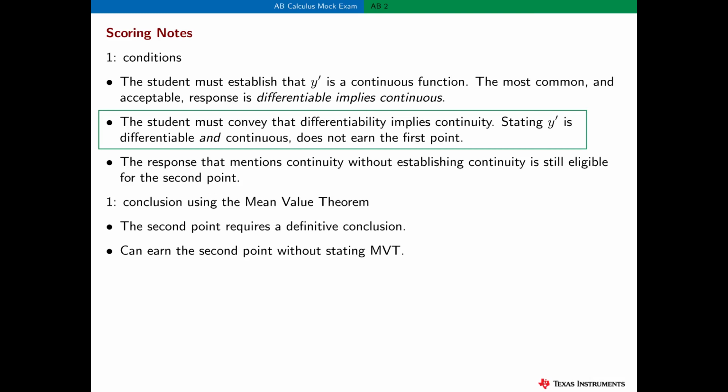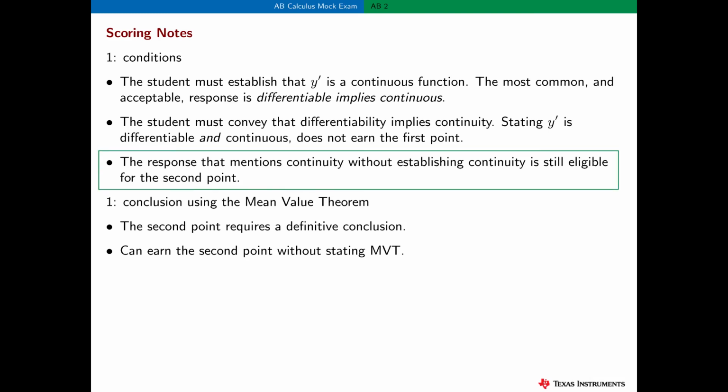The student must clearly indicate that differentiability implies continuity. It's just not enough to say that the function y prime is differentiable and continuous. If continuity is mentioned but not established, and therefore the student does not earn the first point, they're still eligible for the second point.